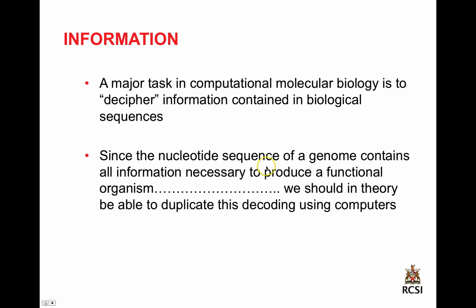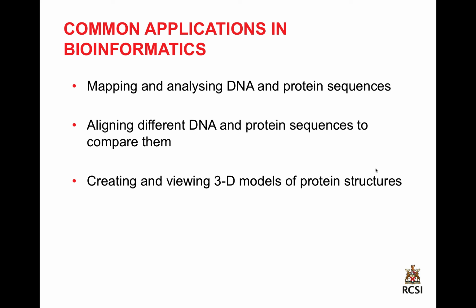If we're looking at nucleotide sequences in a genome, this is all the information necessary to produce the functional organism. If we looked at all of that information, we should, in theory, be able to figure out what's going on. And we could decode it and perhaps duplicate this decoding using computer systems. So if we can get to that level of detail and then reassemble it, we can understand what's going on.